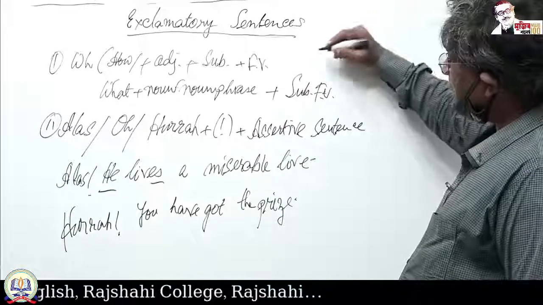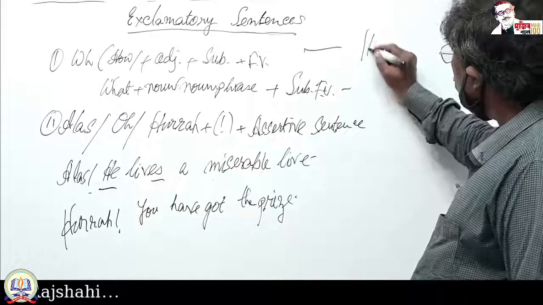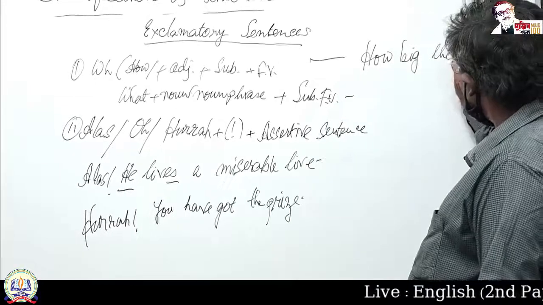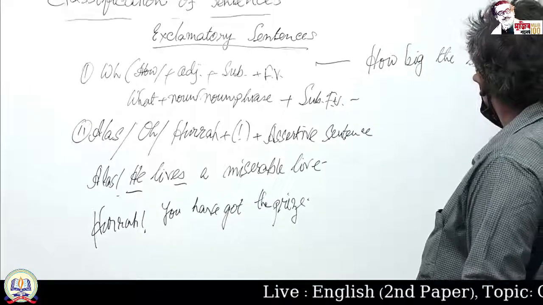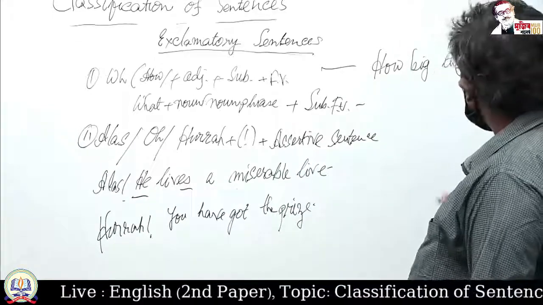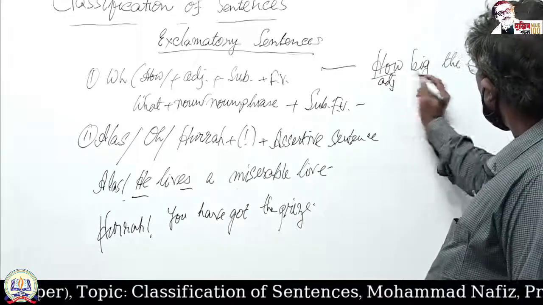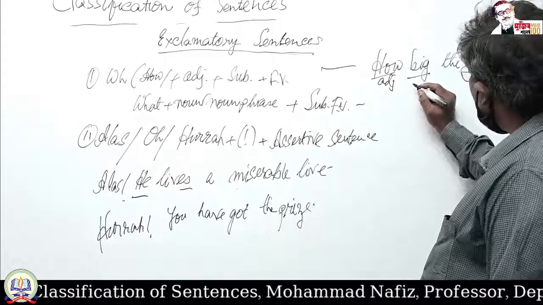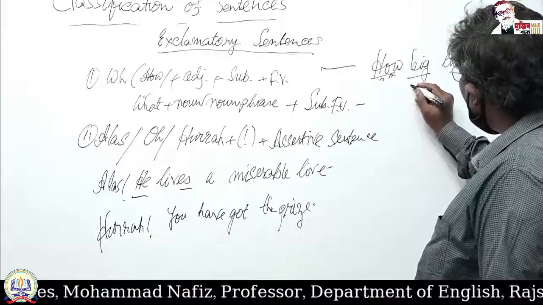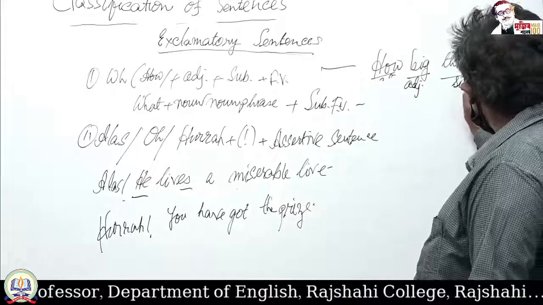Well, I did not write any example of the use of 'how' or 'what'. 'How big the snake is.' So we have 'how', the WH word, 'big' is the adjective complement, 'the snake' is the subject.